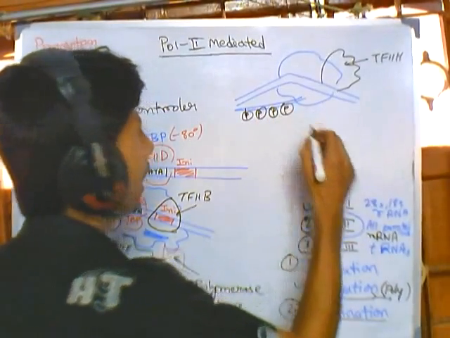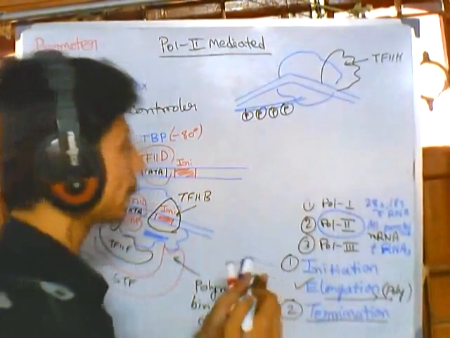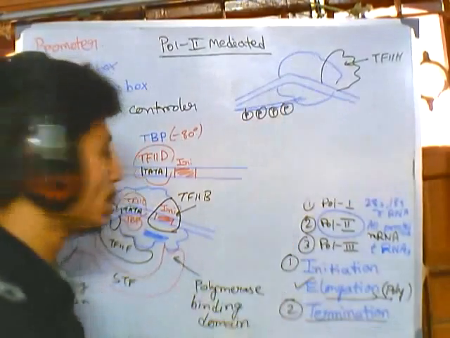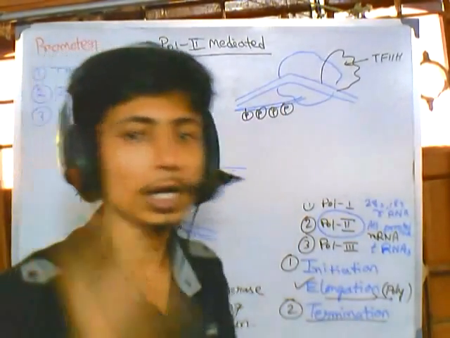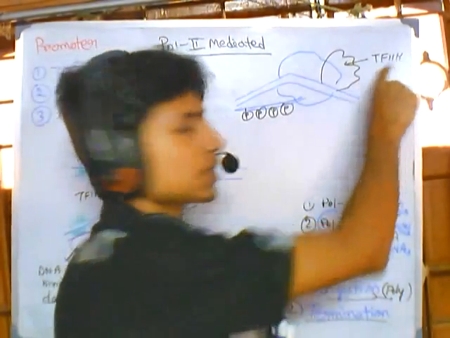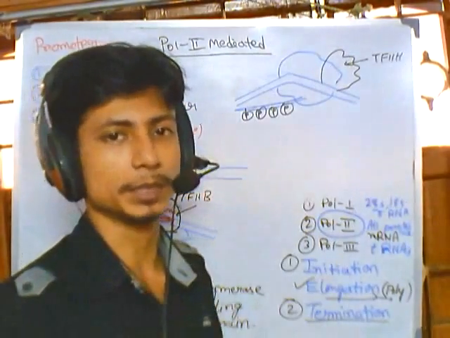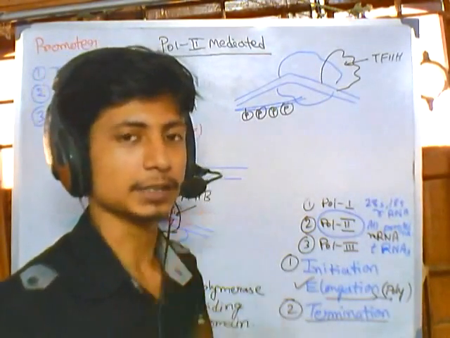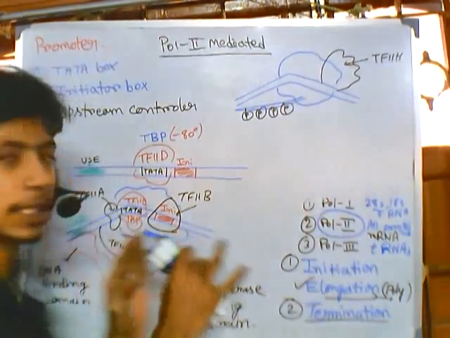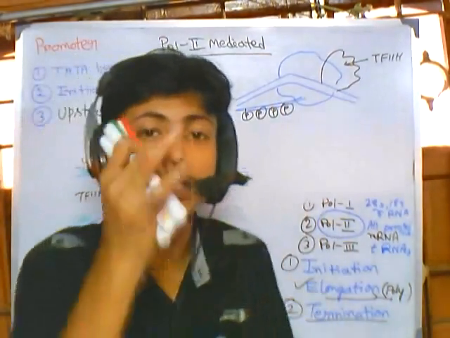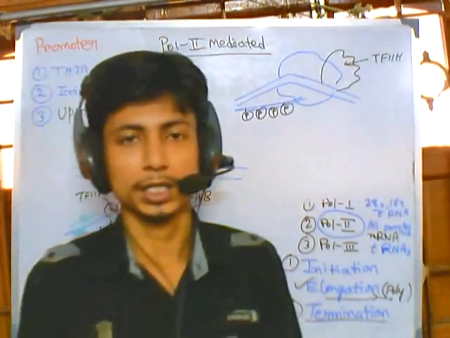After it establishes this mission, all the other generalized transcription factors will go away, and only TFIIH will be attached to this RNA polymerase, and it will carry the reaction, because from there on they won't require any of these other generalized transcription factors.